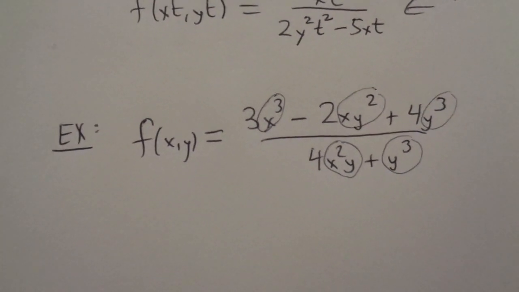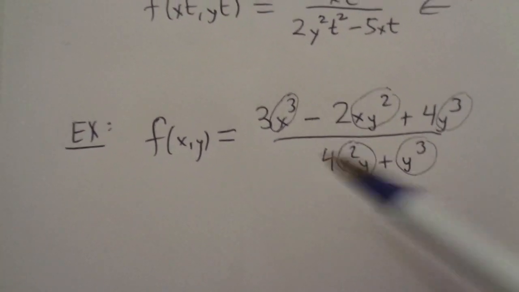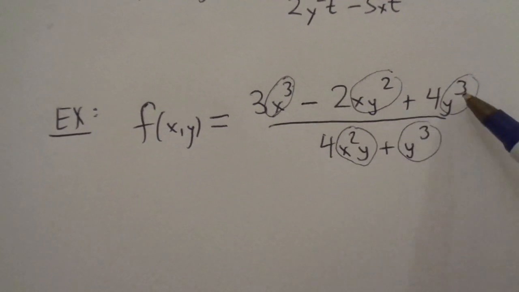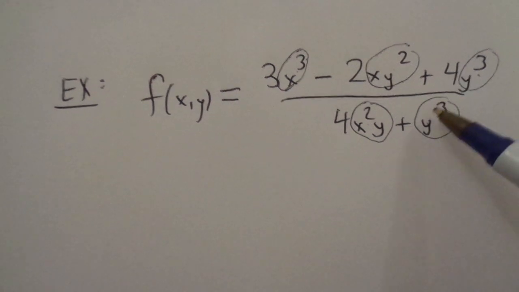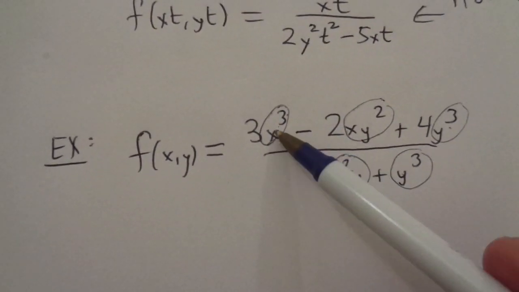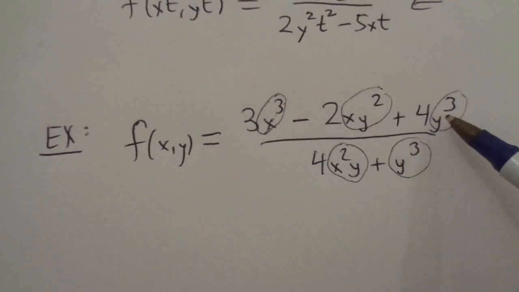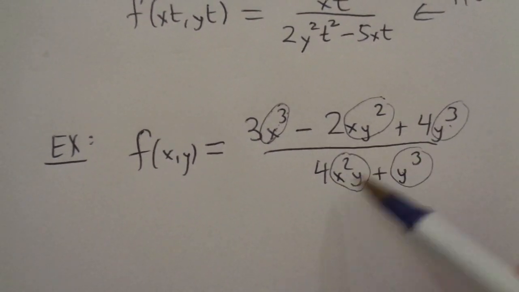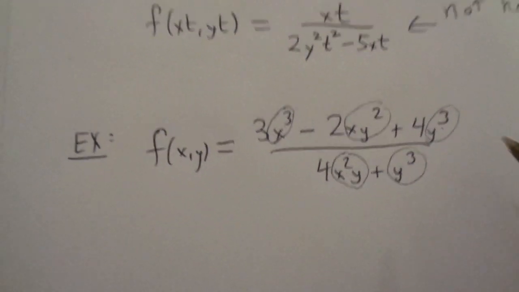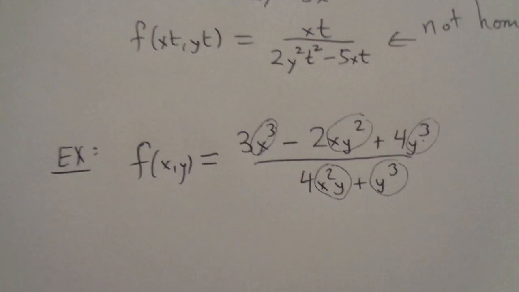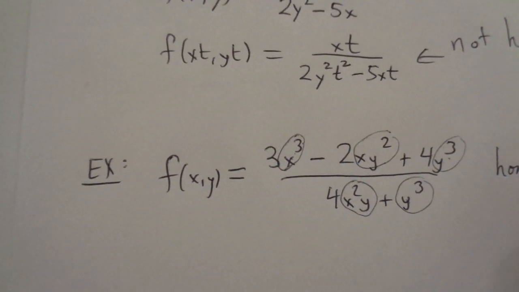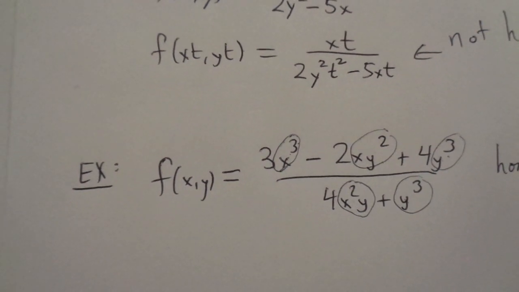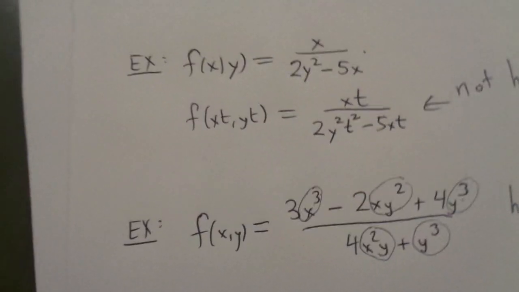If you put t's next to every single x and every single y that you see everywhere in the circled parts that I've drawn here, you're going to have 3 t's here, 3 t's here, 3 t's here, 3 t's here, and 3 t's here. And you'll be able to factor and cancel those t's, right? This one is homogeneous. Okay? I hope that this is making sense.